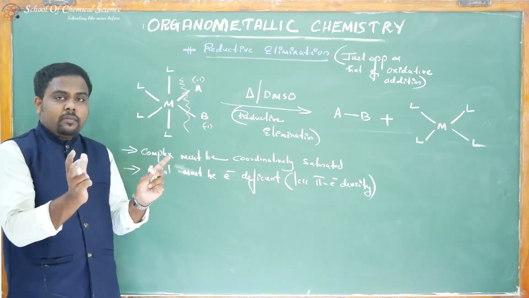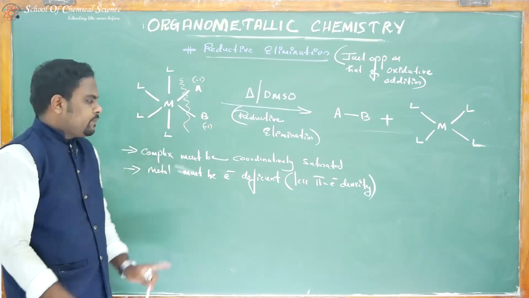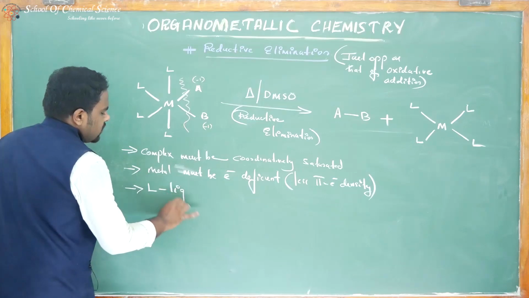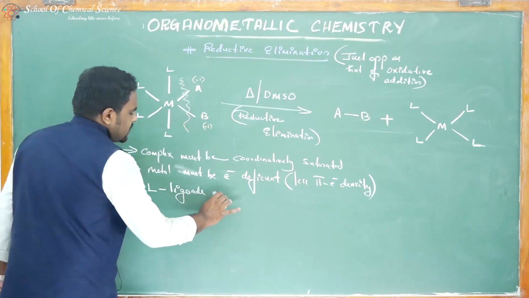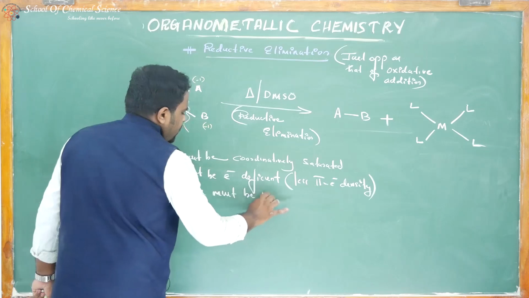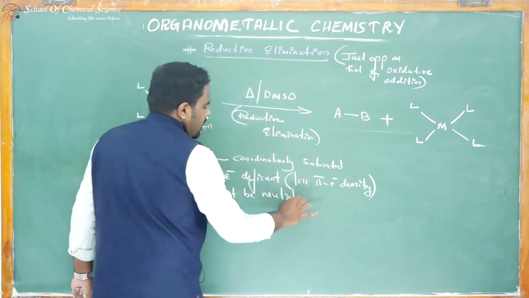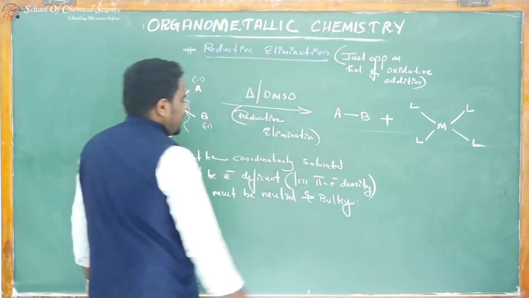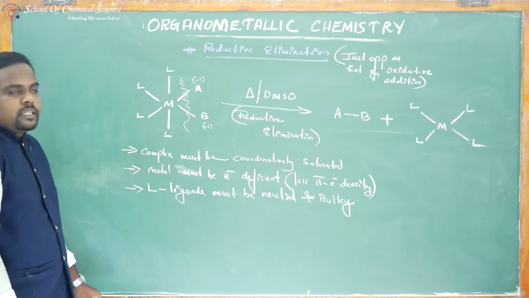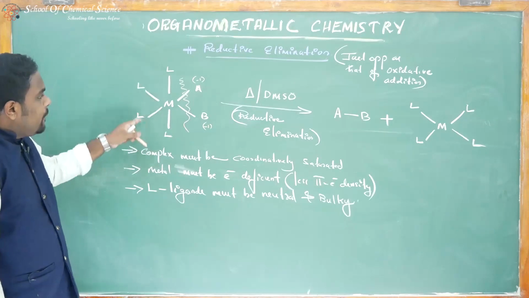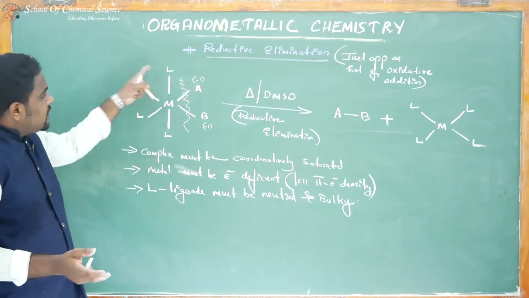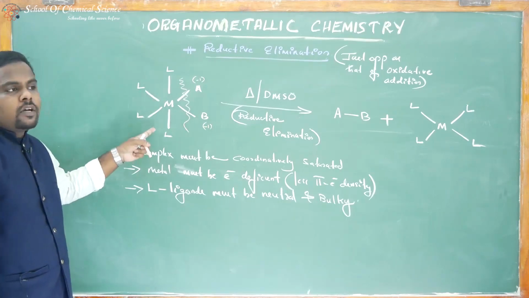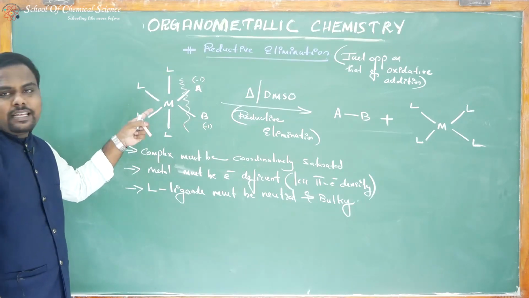In oxidative addition, your metal must be electron rich. The L ligands must be neutral and bulky. These ligands are called spectator ligands or auxiliary ligands or side ligands, any name.